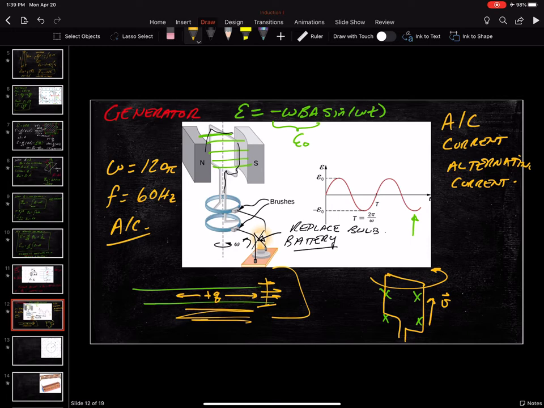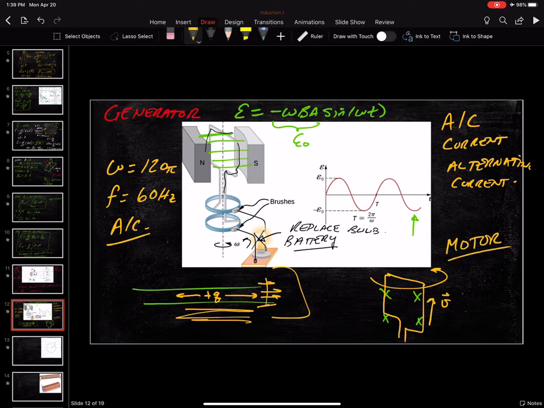Now suppose you do the opposite. You run an electric current through a wire in the presence of a magnetic field. That's going to create a magnetic force, which is going to create a torque, which is going to want to spin this thing. And so now you can spin this loop of wire and use it to propel a car. You can use it to raise some buckets of water or whatever it is you want to do. In other words, you've created a motor.